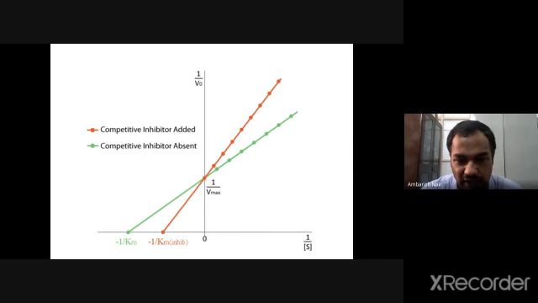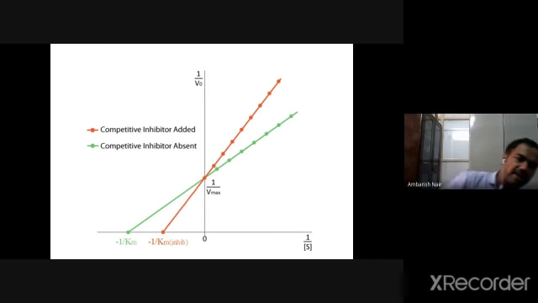So instead of writing minus 1 by Km for the inhibitor, you can write minus 1 by K dash M. K dash M means Km into 1 plus I by Ki.